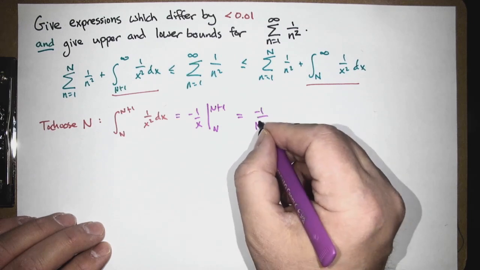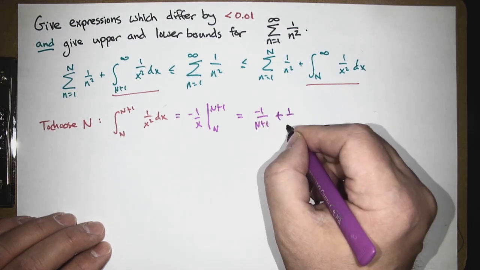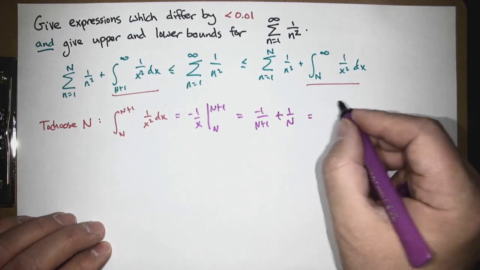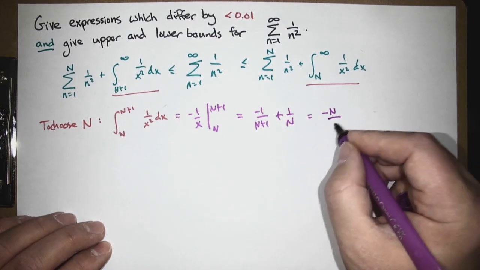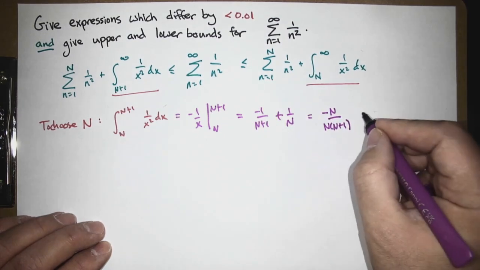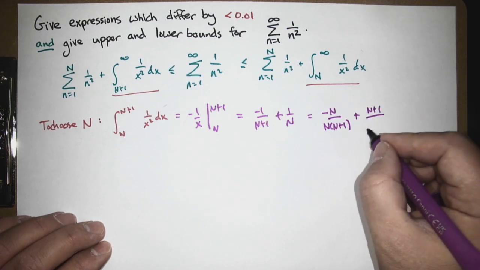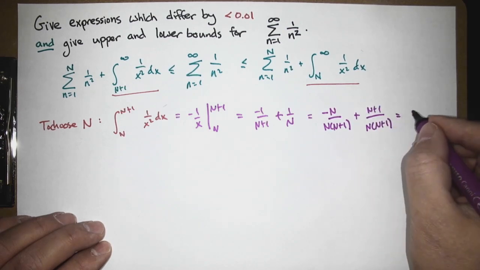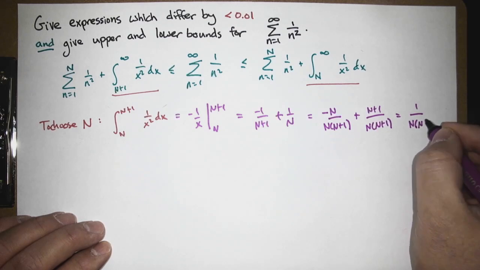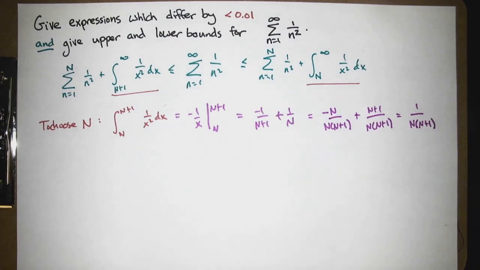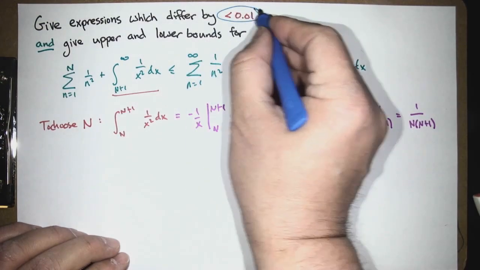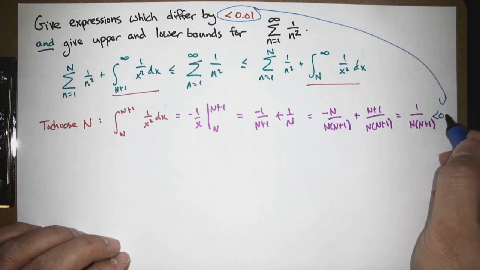This becomes minus 1 over N plus 1, minus minus, plus 1 over N. And if you do a little bit of work adding these together, you get minus N plus N plus 1 over N times N plus 1, which is 1 over N times N plus 1. Now, this is how far apart the upper and lower bounds are. Our goal is to make that small. How small? This small. So we want that to be less than 0.01.